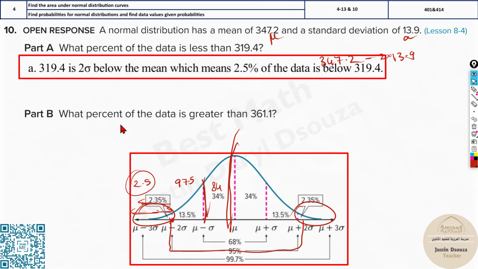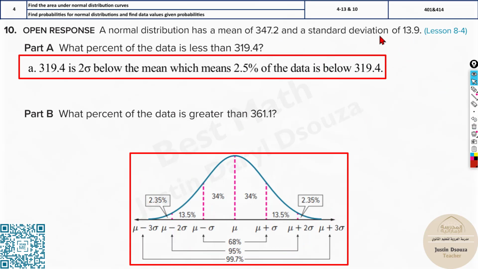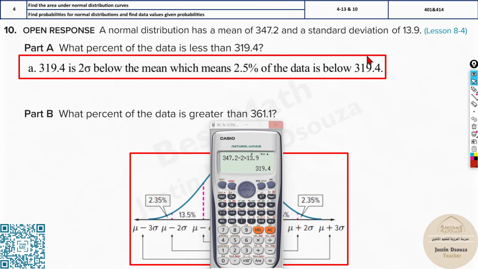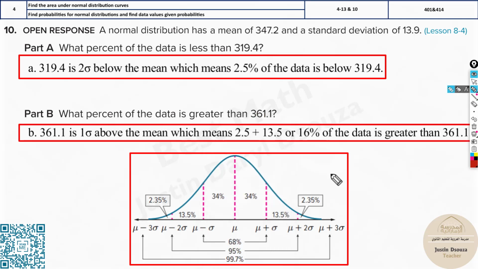Now, what percent is greater than 361.1? Again, let's take our calculators. Here now I'll start adding because it's more than this, right? If it's 2, it's way more. No. So I need to add by only one times the standard deviation. And here you can see it's 361.1. So that means it's this point over here, 1. How much is from here to here?